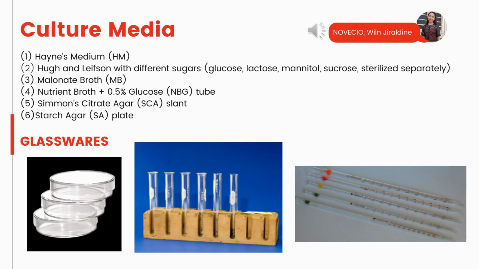The culture media used for this exercise are Hugh and Leifson medium with different sugars such as glucose, lactose, mannitol, and sucrose that are sterilized separately, malonate broth, nutrient broth plus 0.5% glucose tube, Simmons citrate agar slant, and starch agar plate. In addition, we use empty sterile test tubes, glass pipettes, sterile Petri plates, and test tubes.